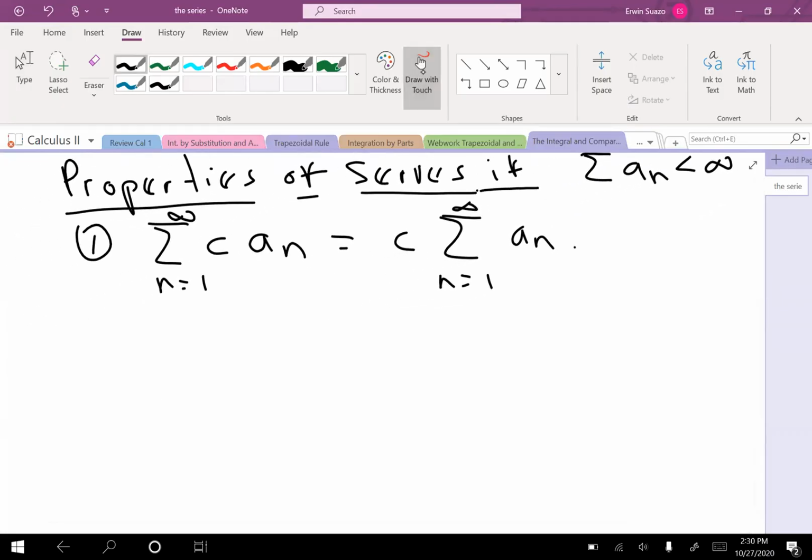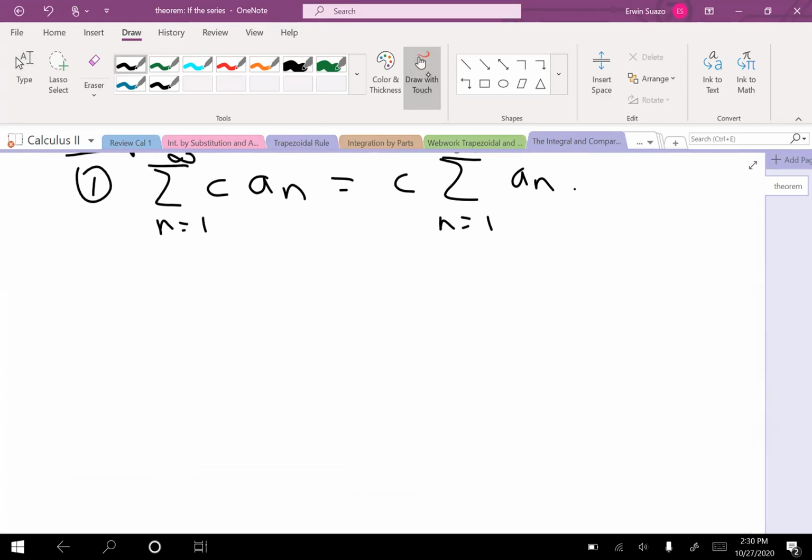So if the sums are convergent, what it means is the sum gives me a number, so all these properties follow. The second one: you can add or subtract two series.